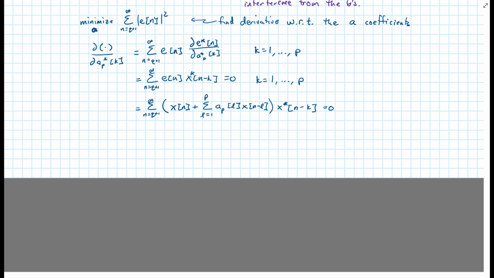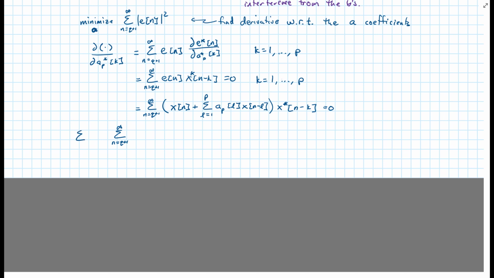While using that famous old trick of reversing the order of sums or summation in any DSP proof, we get the sum from n equals q plus 1 to infinity.